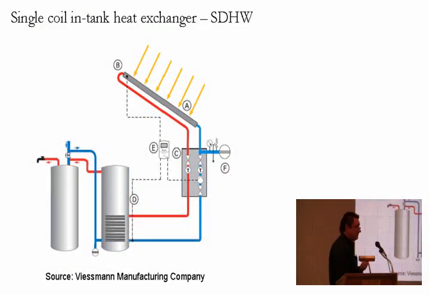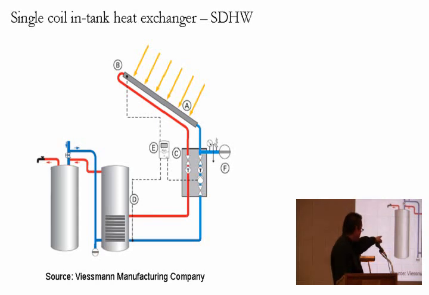This is an example of a different, similar type of system. It's also a closed loop. However, this is not a thermal siphon type of system. Instead, this system has a pump, a circulator, which forces the flow through the entire system.